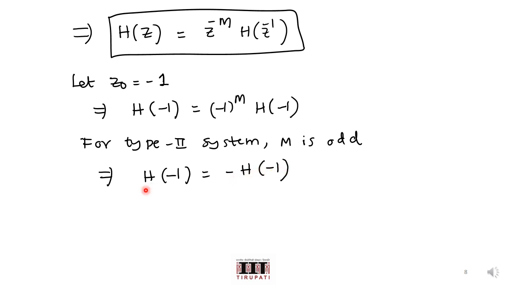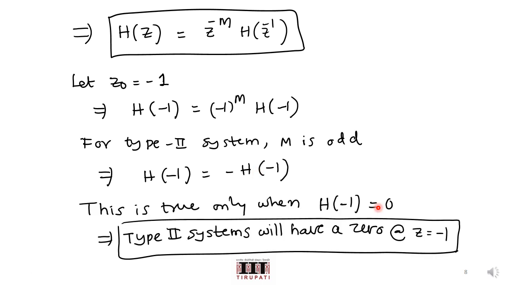So is this expression valid for any non-zero value of H of minus 1? This is like saying a equal to minus a, possible only when a is equal to 0. That means from that you could say that H of minus 1 has to be 0. In other words, it should have a 0 at z equal to minus 1.